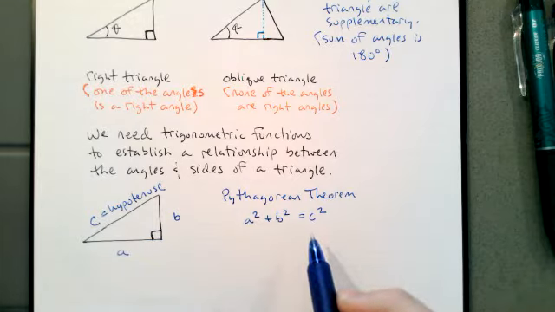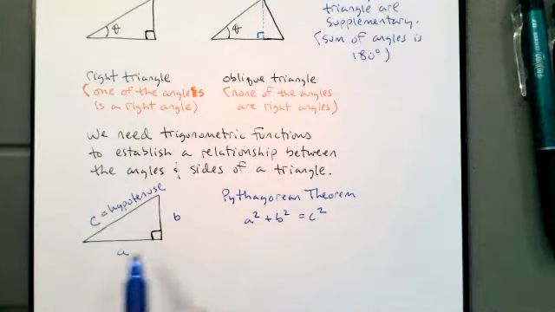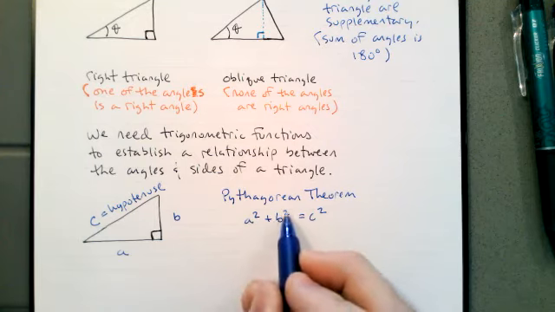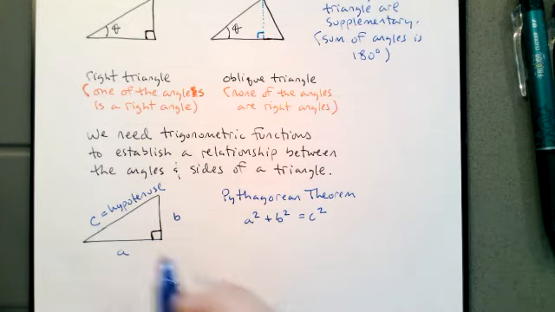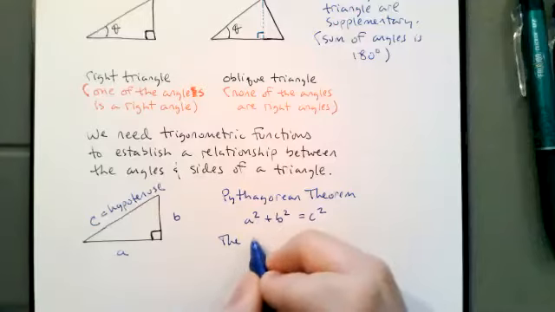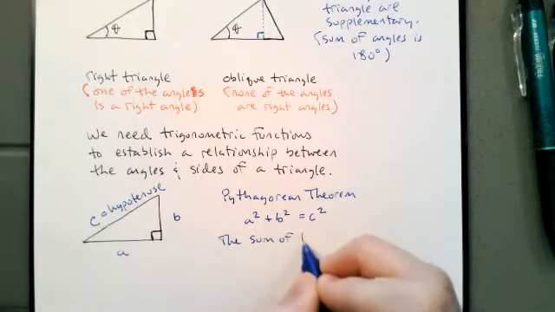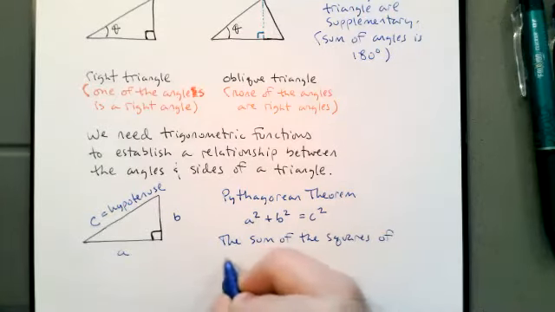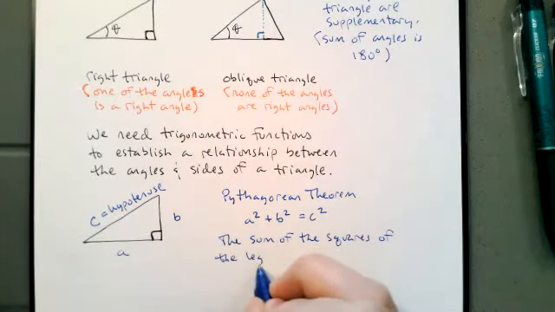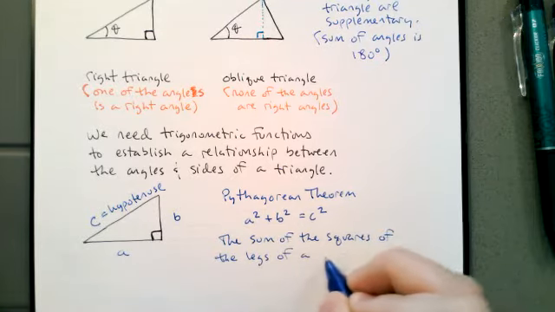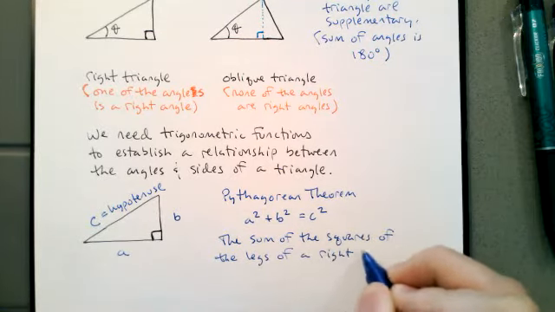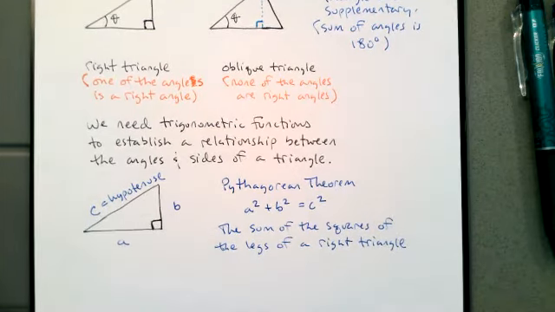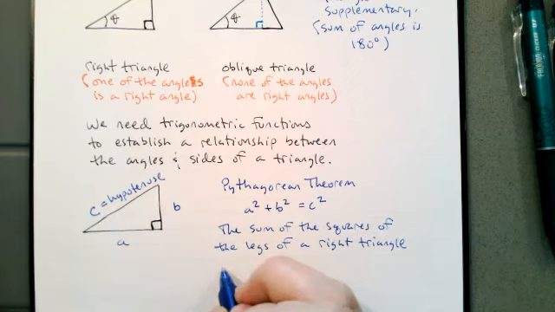But the Pythagorean theorem, if we want to use words, we'd say the sum of the squares of the legs of a right triangle is equal to the square of the hypotenuse.